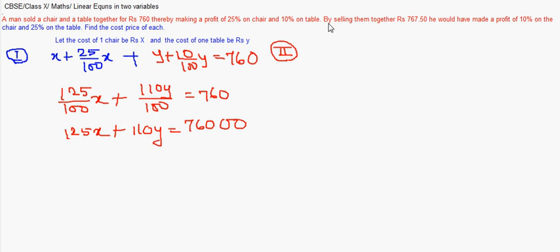By selling them together for rupees 767.50, he would have made a profit of 10% on the chair. So 10% on the chair will make it 110x by 100 plus 25% on the table, so 125 by 100y.